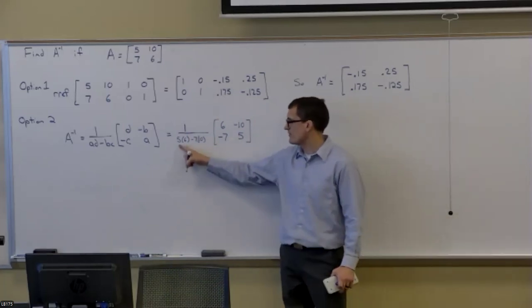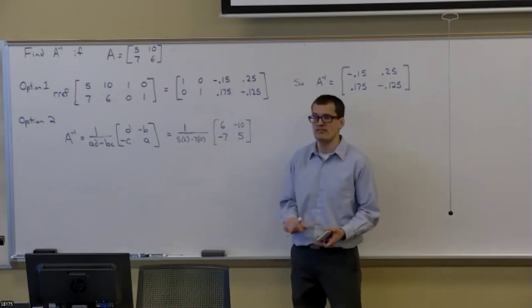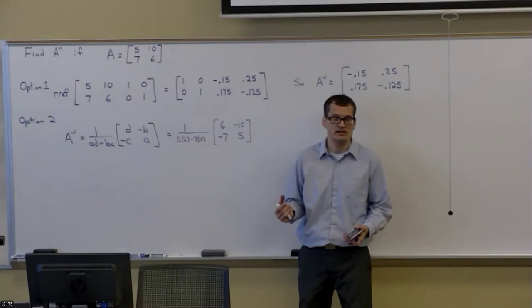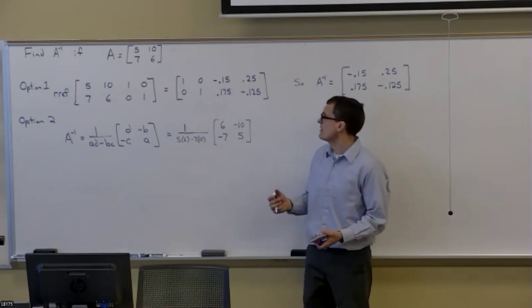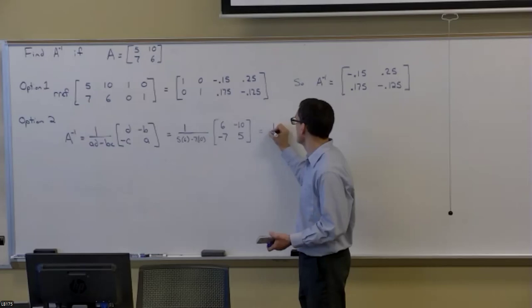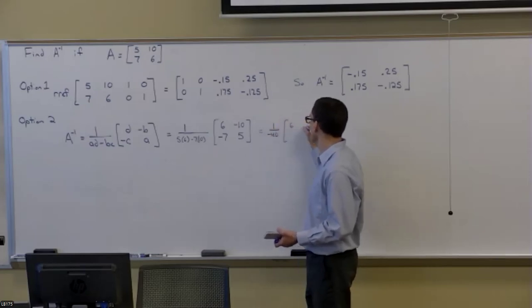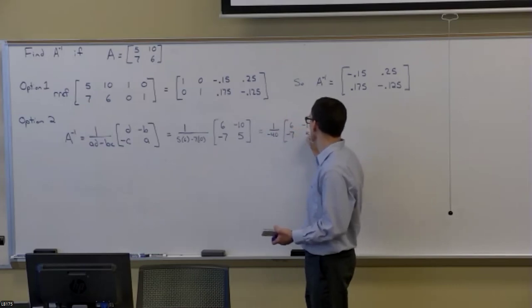By the way, this is 5 times 6 is 30, minus 70, that's a negative 40. So this is 1 over negative 40 times 6, negative 10, negative 7, 5.